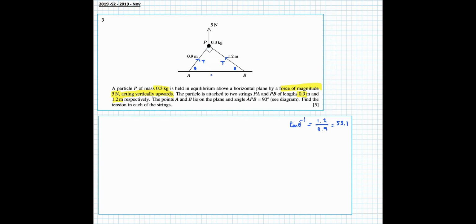So I'll just start up the equation. Again, the hypotenuse is there, so it's across from the right angle. We want to find the tension, so we're going to create our equations as usual, horizontal and then vertical. So we've got tension in A, cosine 53.1 is equal to, so we'll find the other angle as well there.